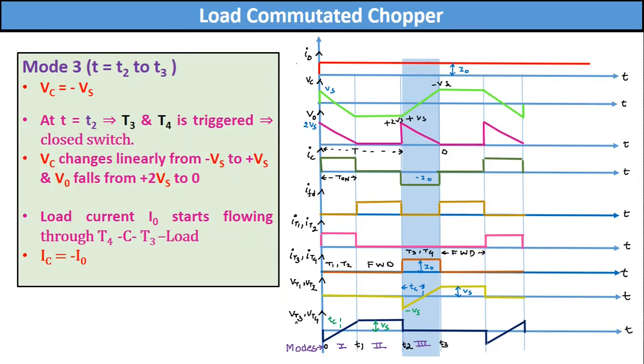Now the voltage across T3 and T4 thyristors will be equal to 0 ideally, because they are acting as a short circuit when they are in the conducting mode. Again, after mode 3 operation, mode 1 operation starts. That means the cycle repeats itself after the mode 3 operation.